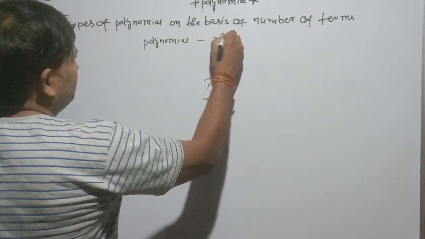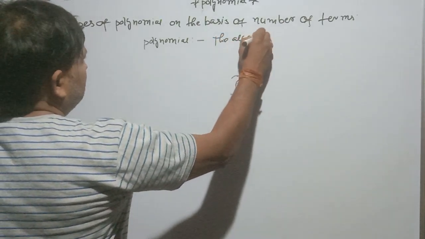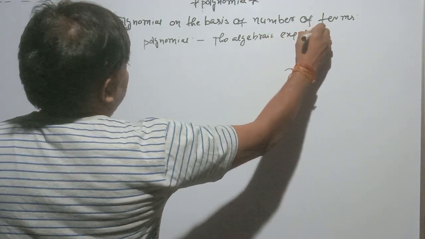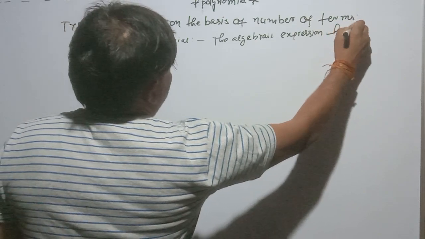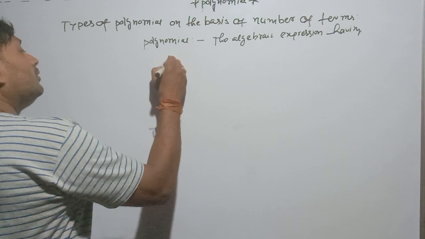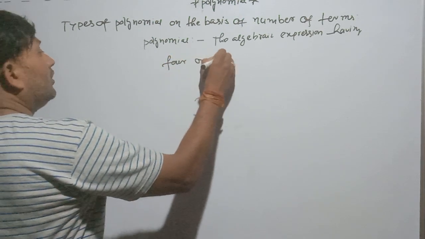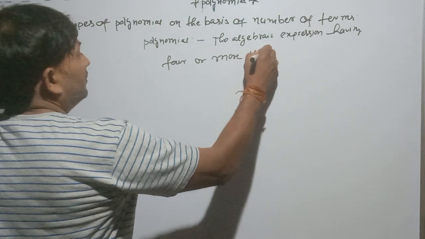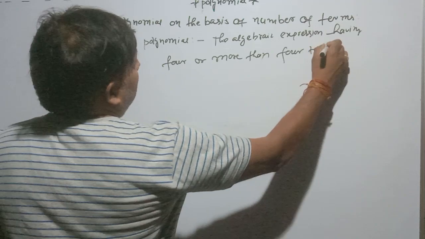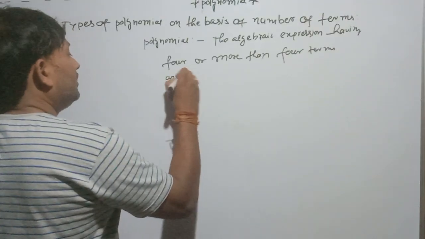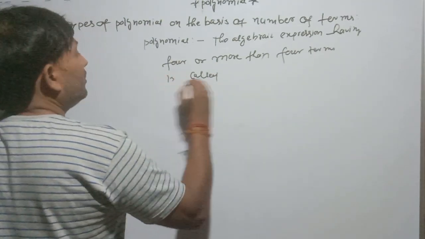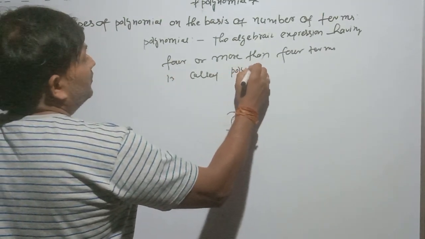The algebraic expression having four or more than four terms is called a polynomial.